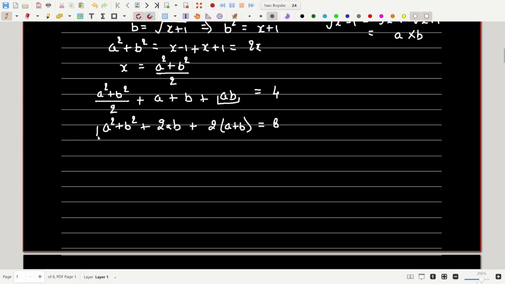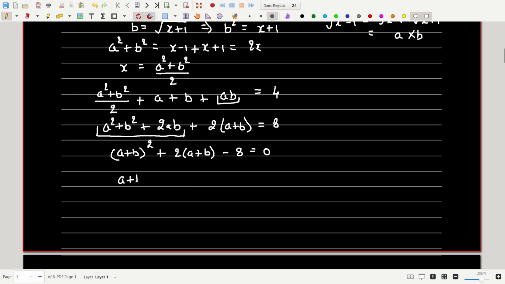And now this term is a plus b whole square, so I get a plus b whole square plus 2 into a plus b, sorry, is equal to 8. If I bring 8 to the left hand side, I'll get minus 8 is equal to 0. All right, so now this is a quadratic equation in a plus b.